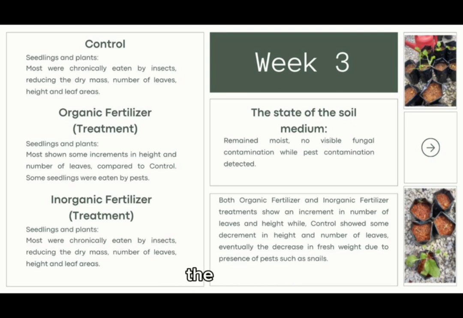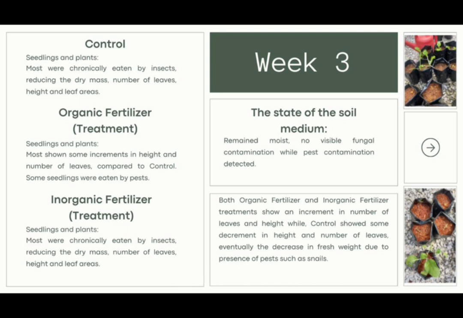However, just like the control, some of the seedlings had also been eaten by pests. As for the ones with the inorganic fertilizer, most of the seedlings and plants had their height and the number of leaves attached increased. It is also important to mention that the soil medium remained moist and that no fungal contamination was visible. Instead, pest contamination was detected.